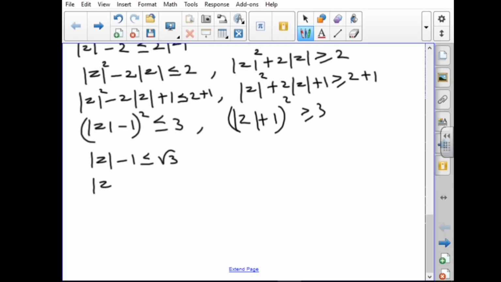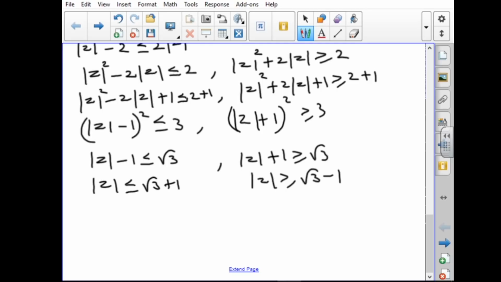So modulus of z is less than or equal to root 3 plus 1, and from here we get modulus of z plus 1 is greater than or equal to root 3. So modulus of z is greater than or equal to root 3 minus 1.